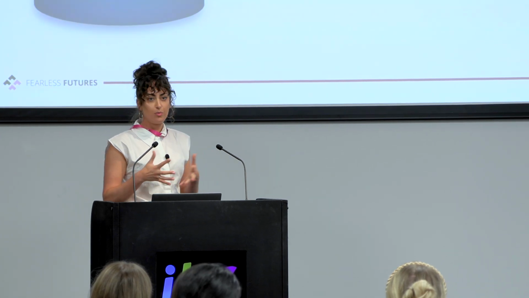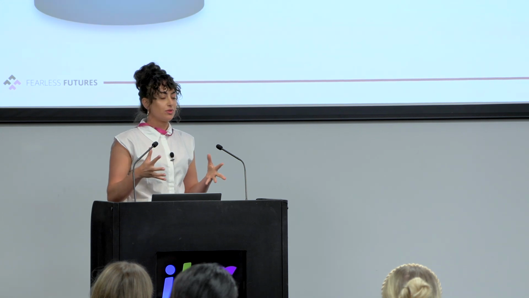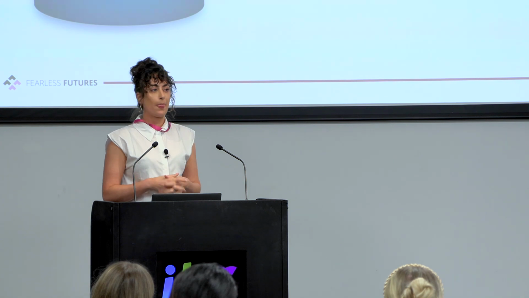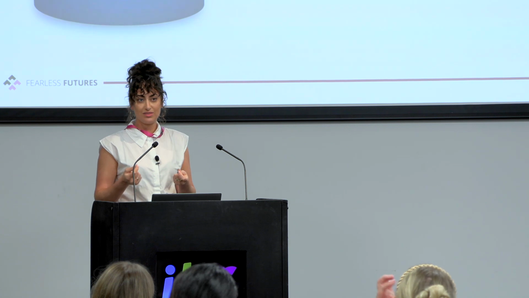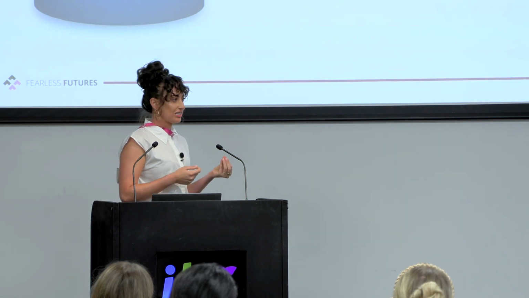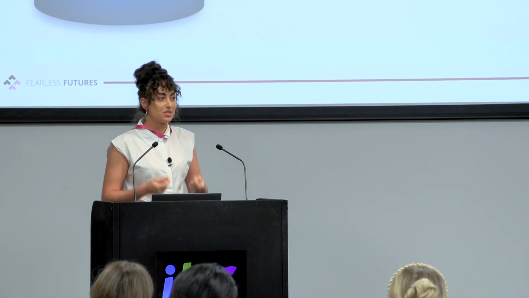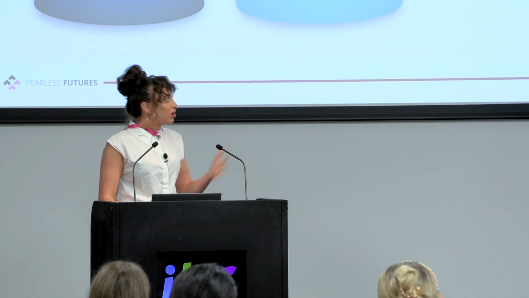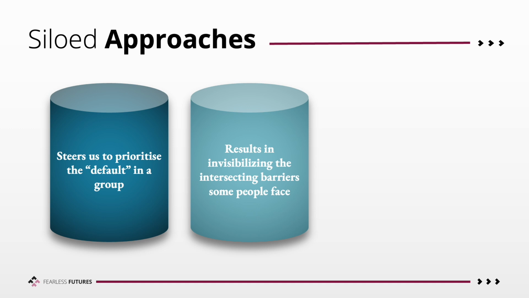If we stick with the example of women that I've started with, when we treat women as a homogenous group, we tend in our approach to recruitment, retention, and elsewhere to be thinking about a particular kind of woman. Our default woman is a woman who may experience sexism, but in all other areas of her identity doesn't experience inequity. And in doing that, when we prioritize the default, we end up invisibilizing specific intersecting barriers that other candidates are facing.